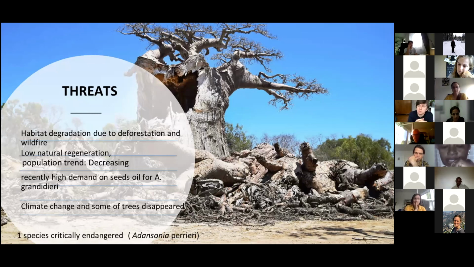Also, as you can see here in the photos, there is a disappearance of some trees one by one, and we presume that it might be due to climate change.